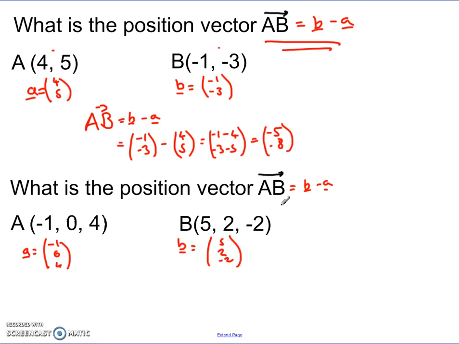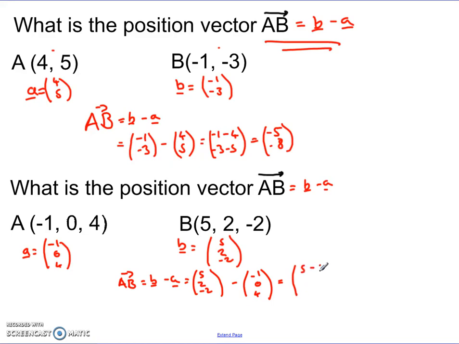What I now do is calculate AB based on that. So I've got A to B equals the B minus the A, and then we just plug in the values. So I've got 5, 2, negative 2, take away negative 1, 0, 4. Combine the two of them in the exact same way we did here. Again, the only difference is we've got a third component.